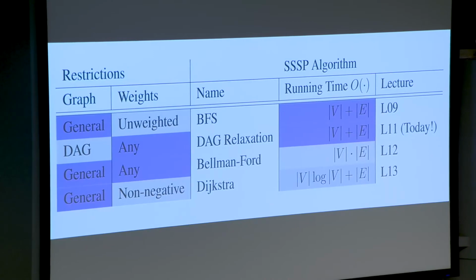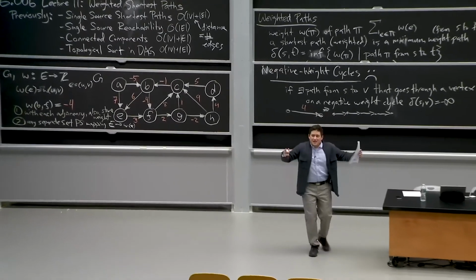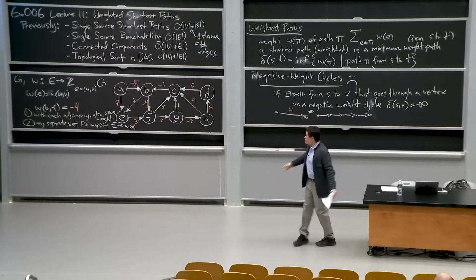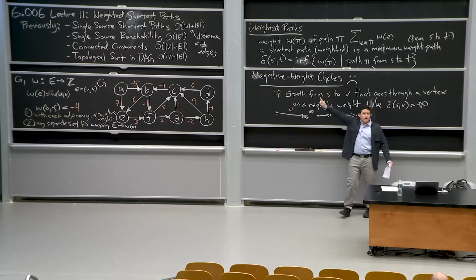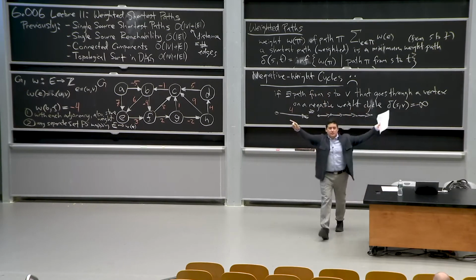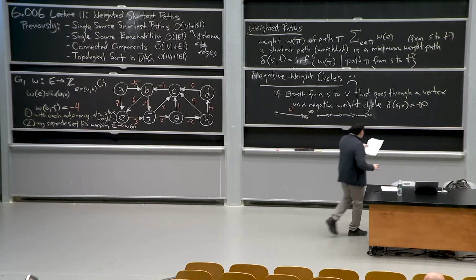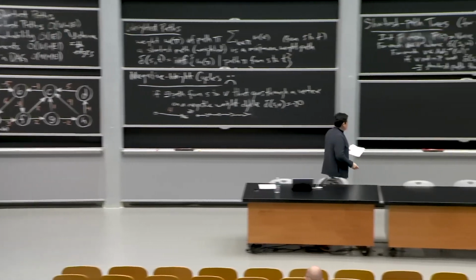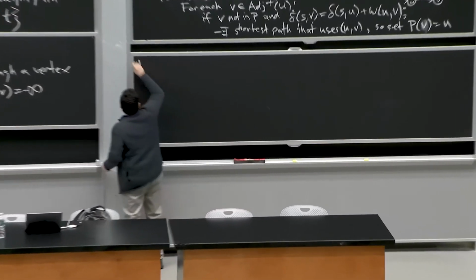There's this topological sort order that we were talking about before. This is going to play a key role. There's a really nice structure to DAGs, not having cycles, not having to deal with this negative weight cycle problem. You can only kind of go in one direction along this graph. It's very nice structure to exploit. And so we're going to exploit it. And here's the idea. DAG relaxation.